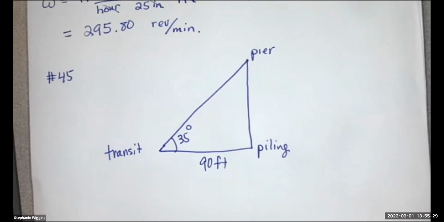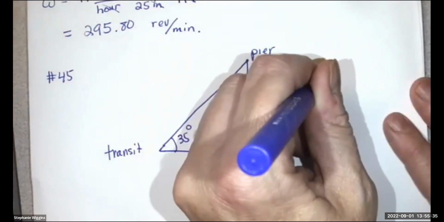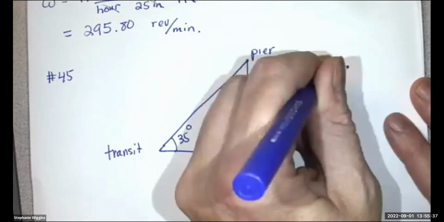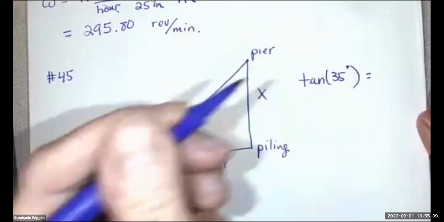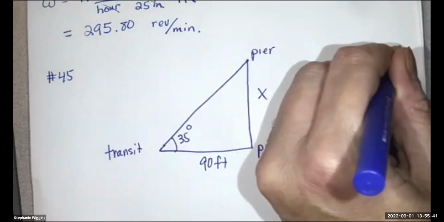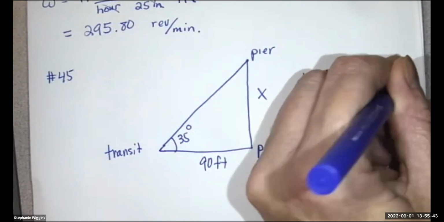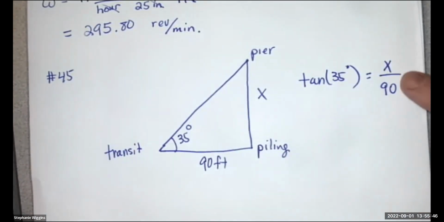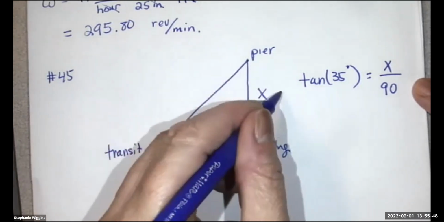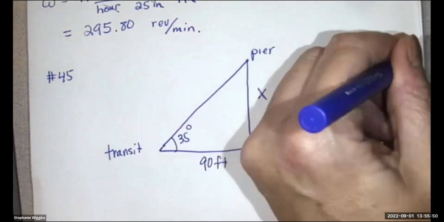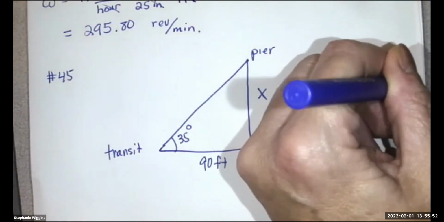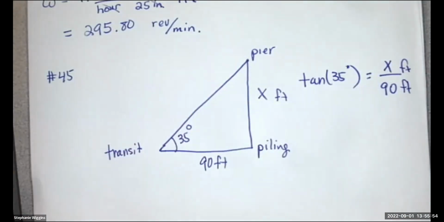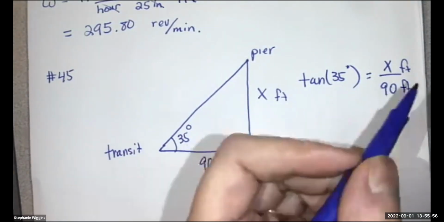So the way you solve this is we want to find this distance here, and tangent of 35 degrees is equal to opposite over adjacent. So it's going to be x over 90. And the units are going to cancel out because this is x feet over 90 feet. So our answer is going to be in feet.